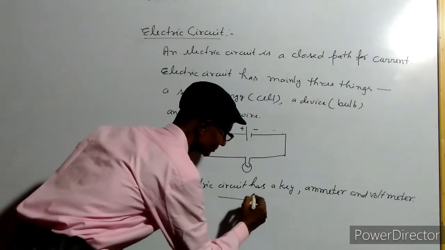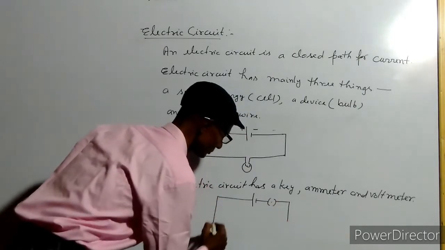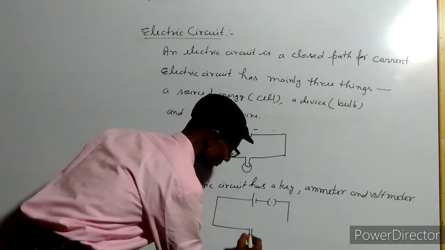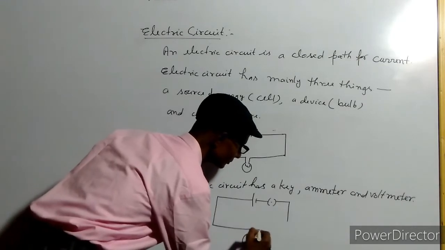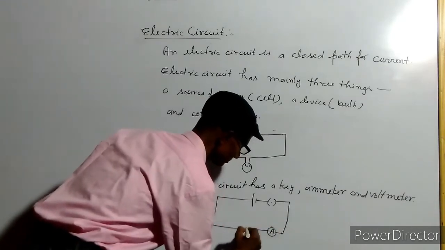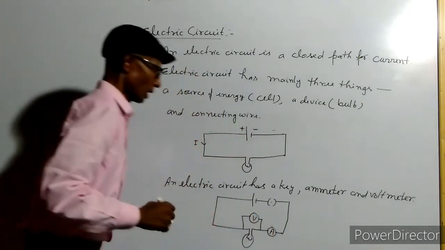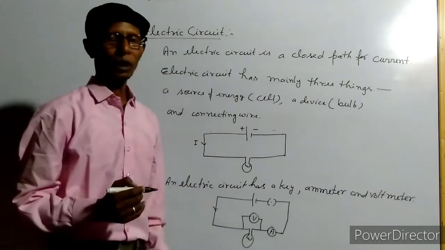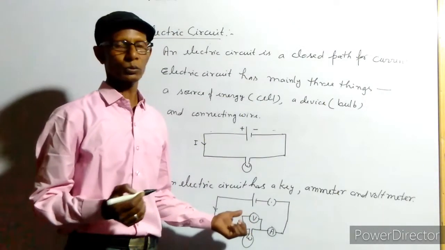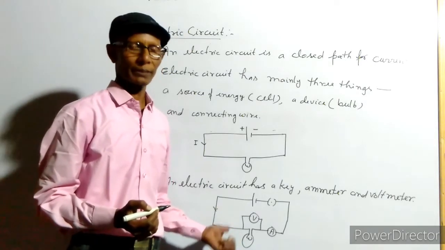You see, ammeter is always connected in series to the device and voltmeter always in parallel to the device.